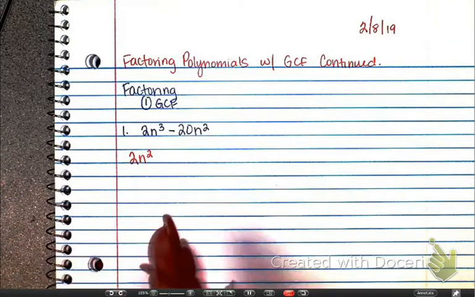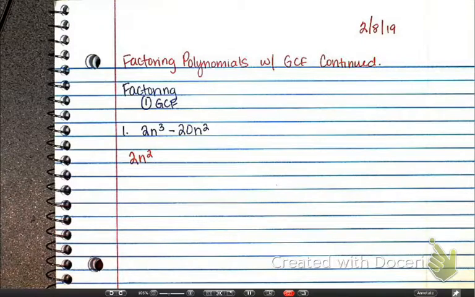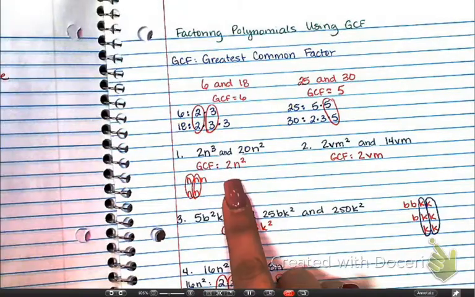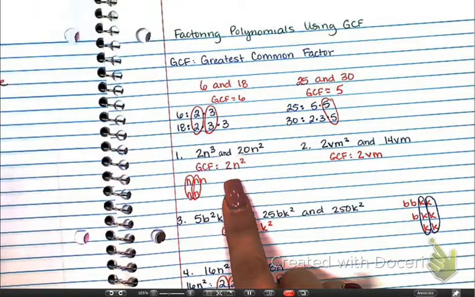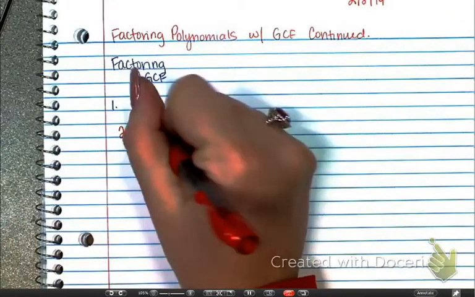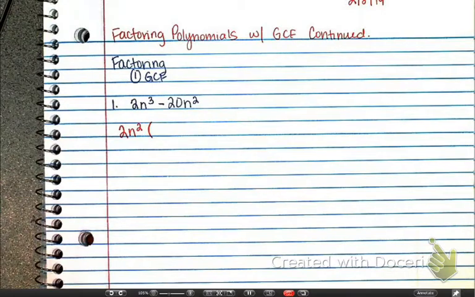This was literally our very first problem yesterday, right? If you go back to yesterday's notes, we had 2n squared. But I gave you an and in between. Now, one thing that we have to do is figure out what's left over. So we're going to have a set of parentheses.